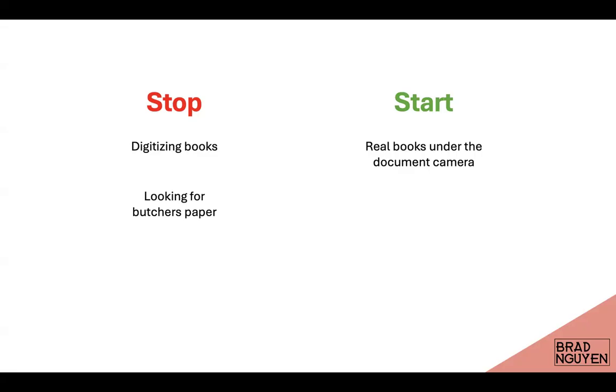No one's got butcher's paper. This is really hard. Then you have to make sure that your team leader is ordering some butcher's paper. It's a waste of time. You don't have to do that if you've got a visualizer, right? Instead of looking for butcher's paper, you just stick an A4 piece of paper underneath the document camera. And then you do the same thing you would normally, but you just do it on an A4 piece of paper with a pen. Same outcome. You don't need oversized paper. Much easier.